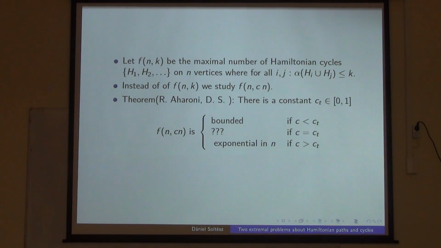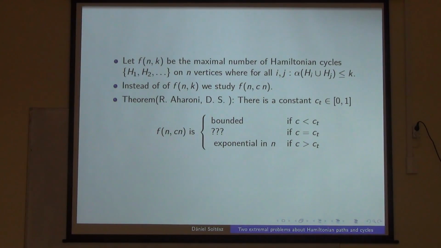So the SF function behaves as follows. At the threshold value, we have no idea what it does, but when we choose c smaller than the threshold, what does it mean? It means I exclude even smaller independent sets, so I'm more restrictive, and it turns out that the function becomes bounded independently of n.